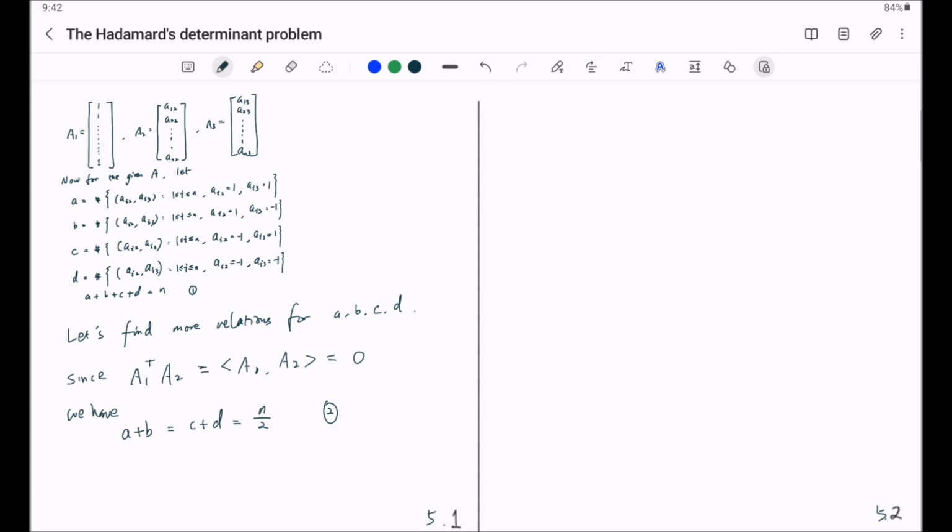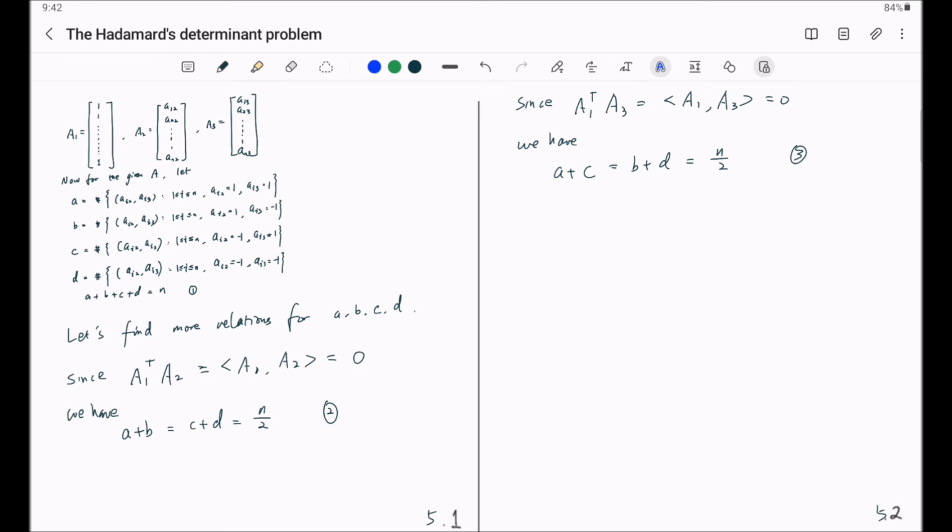And similarly, since A1 transpose times A3, which is A1 and A3's inner product, is also equal to 0, we have A plus C and B plus D are both equal to half of n.